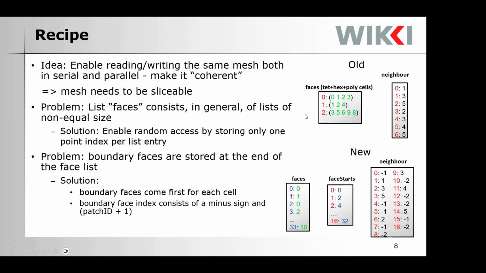But now we need to know where in this array the phase starts, right? So here all the point numbers are written down, and we have an additional array which helps us with this. It's called phase starts.